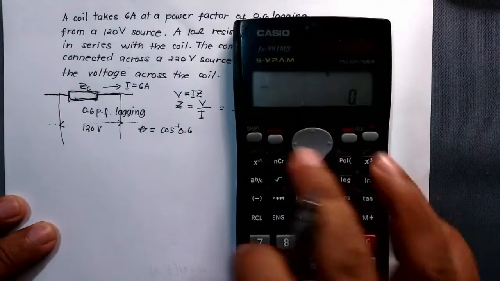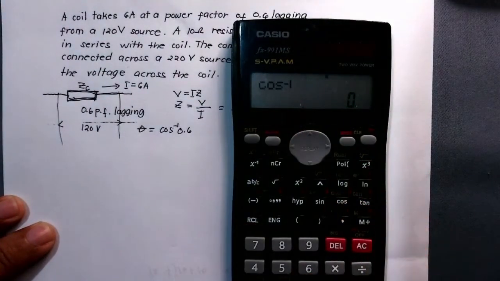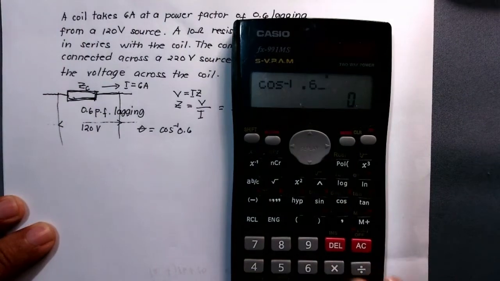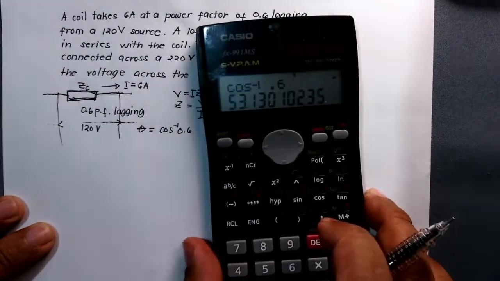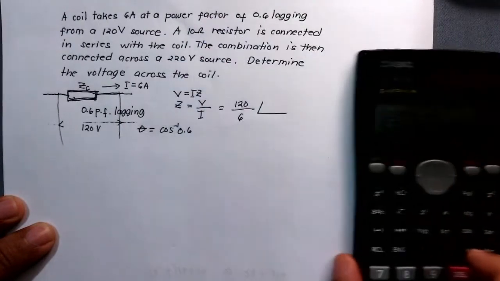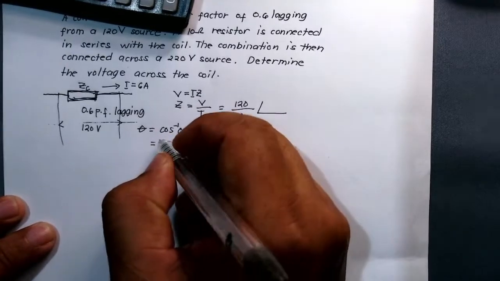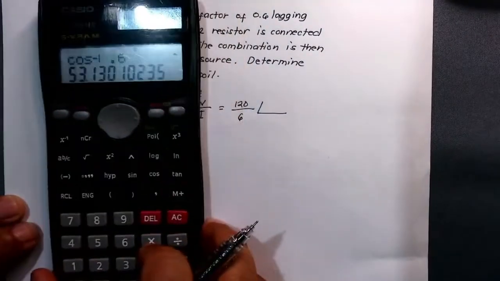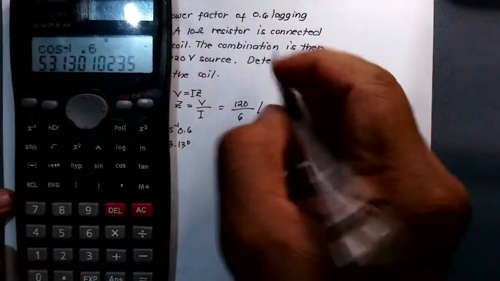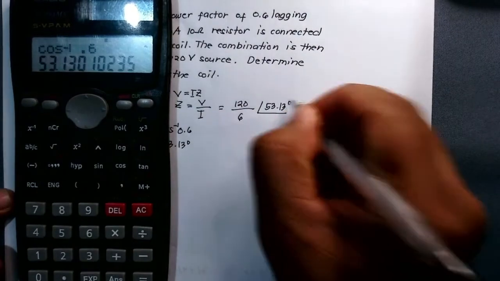Typing inverse cosine 0.6, it will give us 53.13. So we'll write it here, 53.13 degrees. Since this is lagging, this will be positive 53.13 degrees.